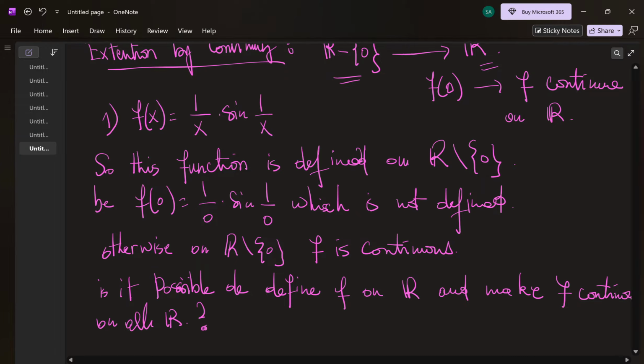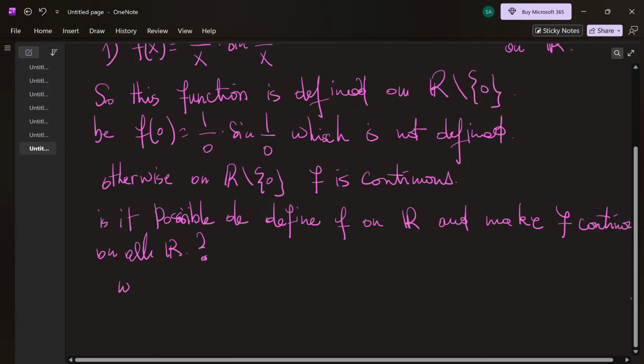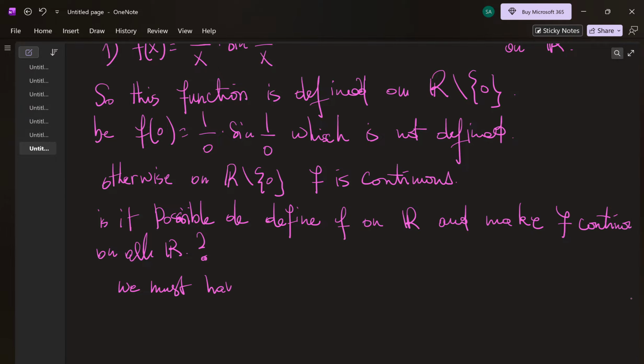To do this, we must have that the limit when x approaches 0 of f of x should be equal to f of 0.